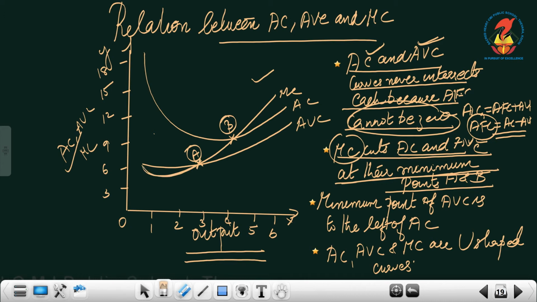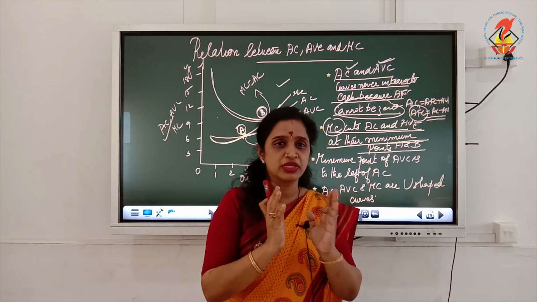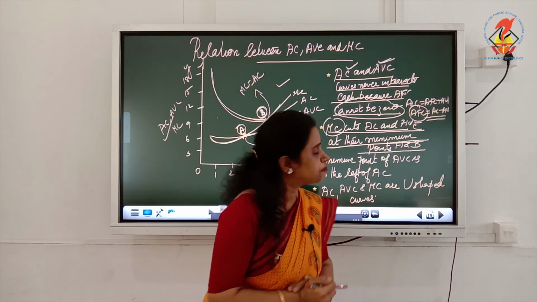This is MC. MC is cutting AVC at the minimum point A and MC is cutting AC at the minimum point B. Here you can write MC is equal to AVC and here you can write MC is equal to AC. If it is cutting at the minimum point, you can say both are equal, isn't it?